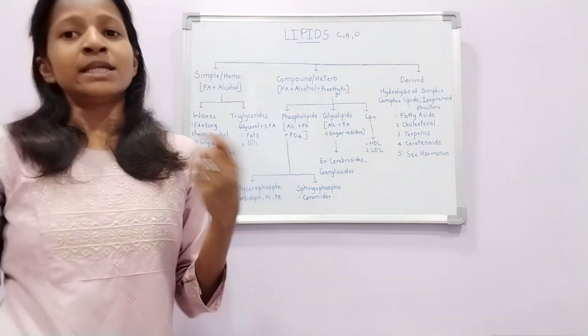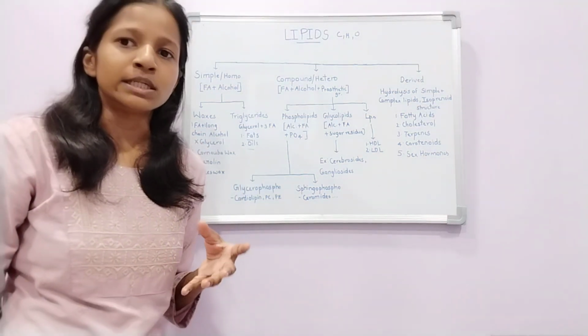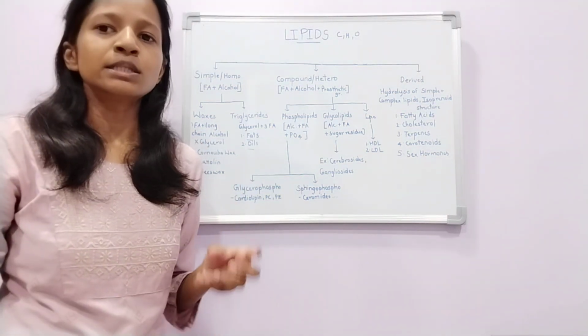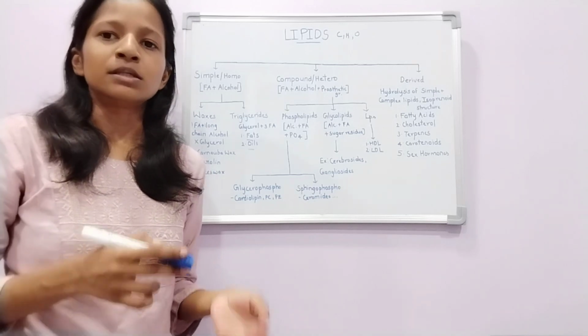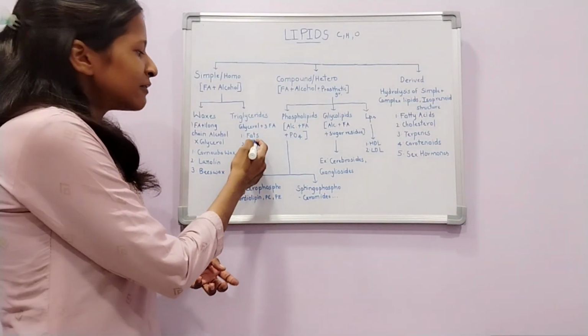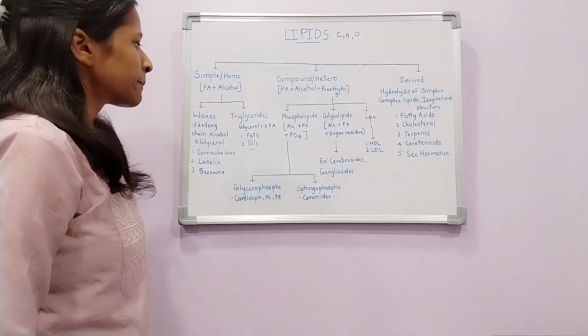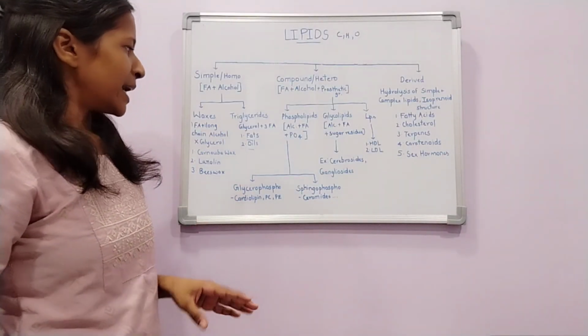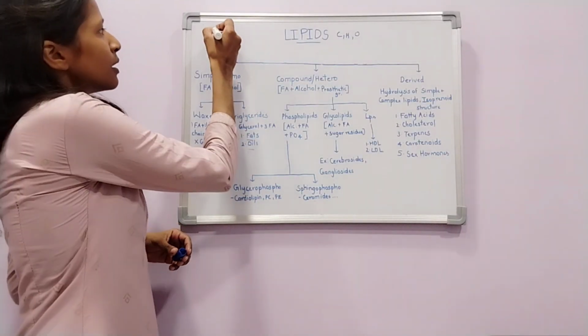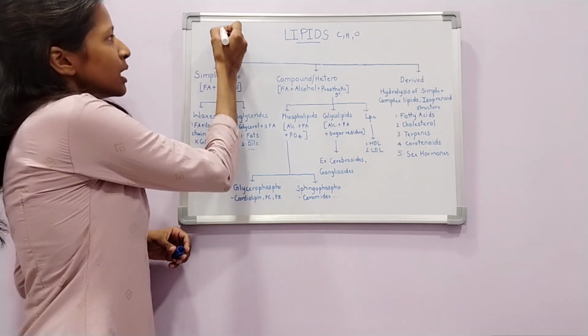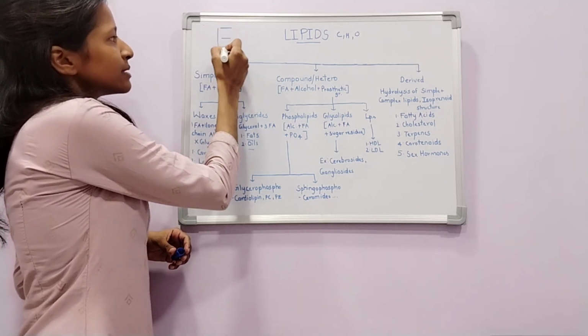Supposing we are ingesting excess amount of carbohydrates, they can be converted to triglycerides and stored as fat droplets in the adipocytes. And all of the plant oils also come under the triglycerides category. Triglycerides are made up of a glycerol backbone bonded to 3 fatty acid molecules.